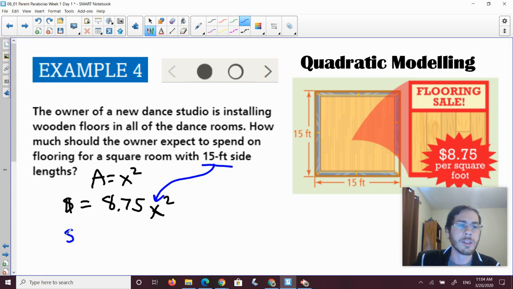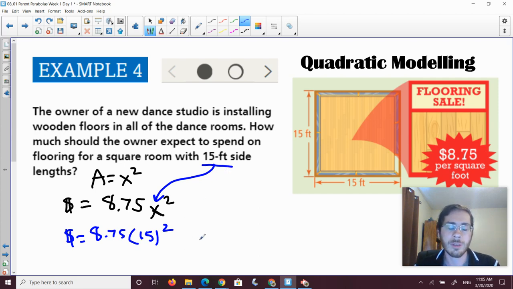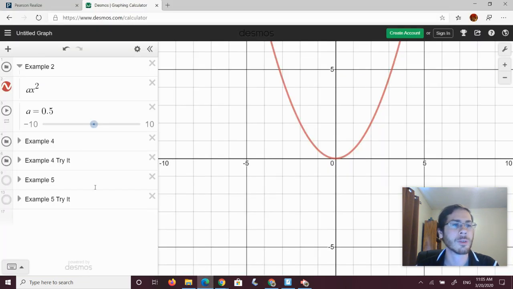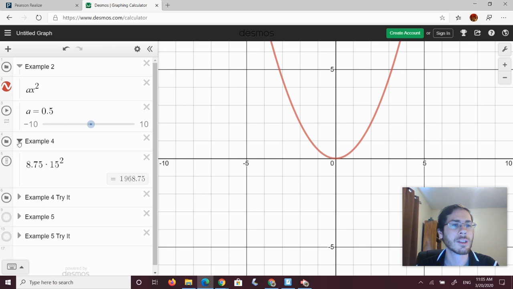So that means my money is going to be 8.75 times 15 squared. All right, well, 15 squared, you might know that off the top of your head, but then multiplying that by 8.75, I think that's going to be a little bit rough. So we're going to go back to Desmos and plug it in.